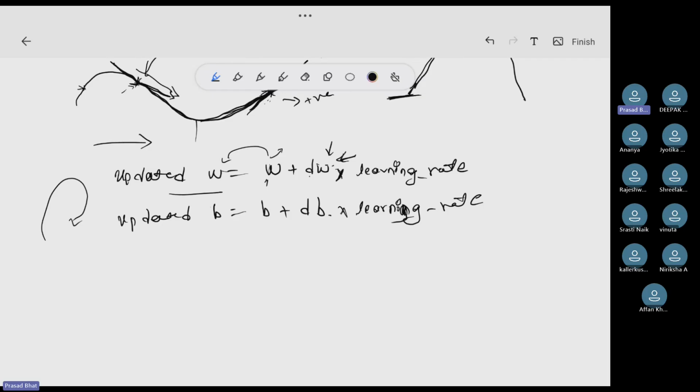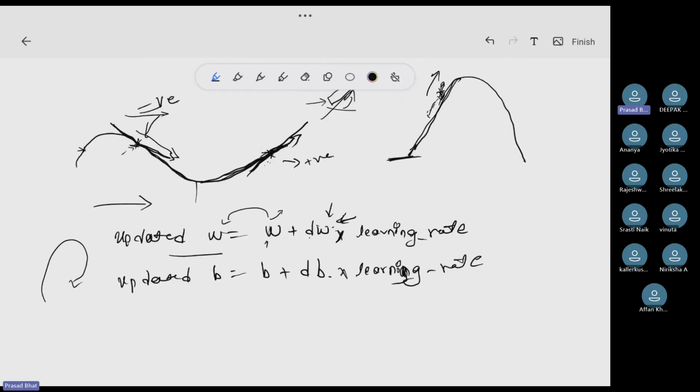Understood? Now, we can obviously understand that just by one iteration, we will not reach here. After one iteration, you have reached this point, another iteration you reach this point, another iteration you reach this point, and then finally, maybe after some iterations, you reach the final value.